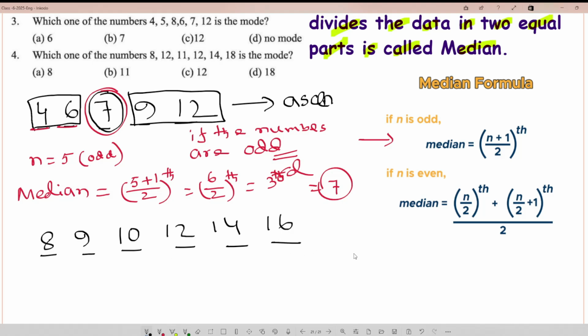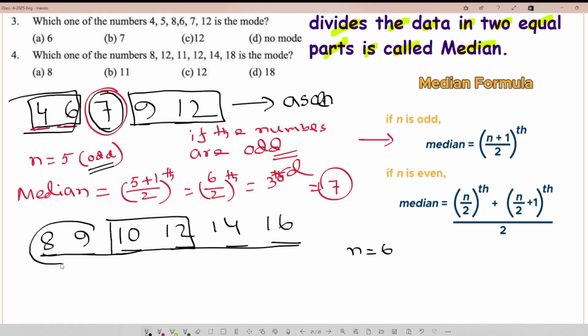So there are 6 numbers, n equals 6. Look, when the count was odd, we could easily divide into two parts. But here it is 3 and 3. How can we divide into two parts? In this case, the middle part is 10 and 12. So 8 and 9, two numbers, are one part. 14 and 16, two numbers, are another part.